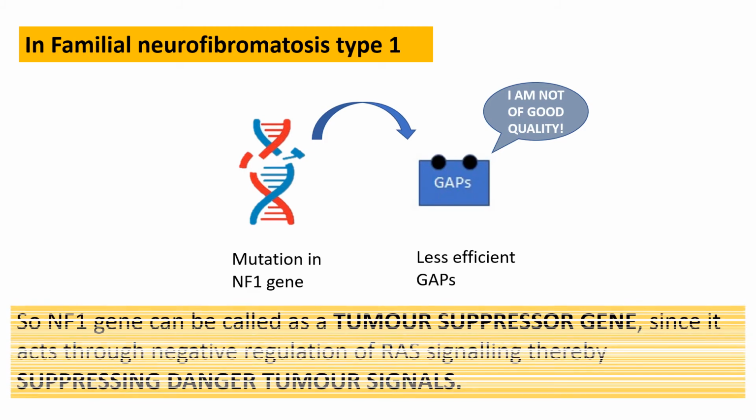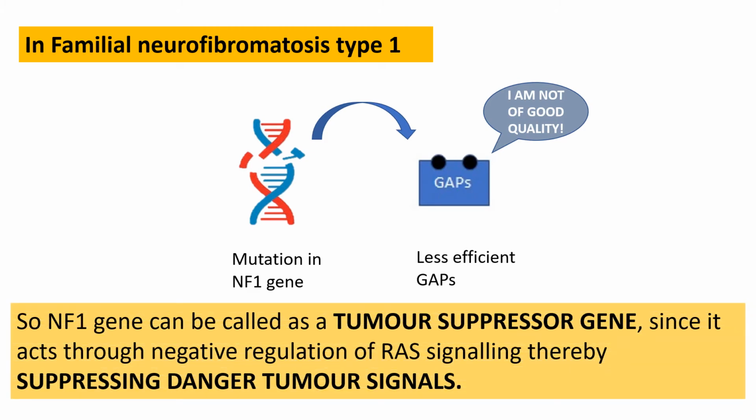So here, the NF1 acts as a guardian angel. The NF1 gene can be called a tumor suppressor gene since it acts through negative regulation of RAS signaling, thereby suppressing dangerous tumor signals. A point to note is that mutation in the tumor suppressor gene is one among the 8 hallmarks of cancer. So this will be dealt with later in further videos.